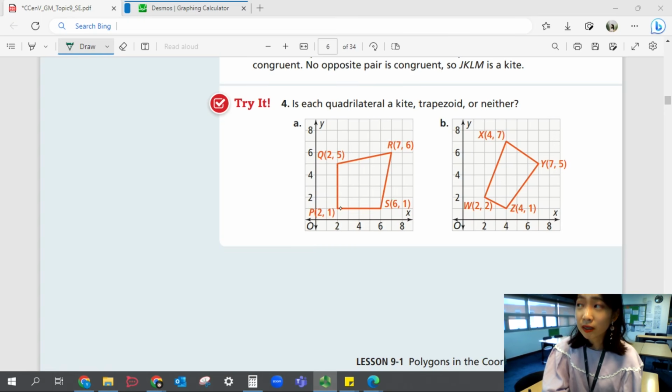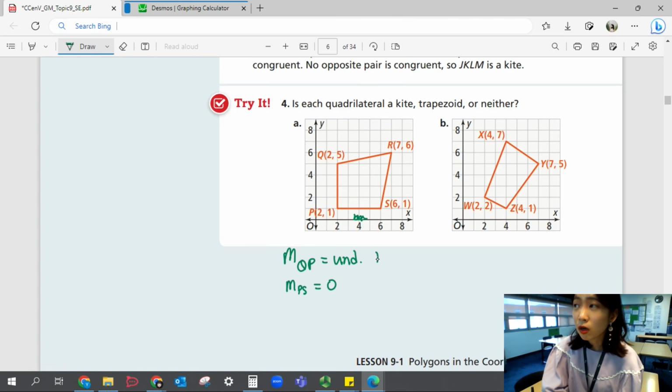That is a strictly vertical line, and that is an undefined slope. That one is horizontal, so the slope is 0. So let's just label the easy slopes. Slope of QP is undefined. Slope of PS is 0. Okay?